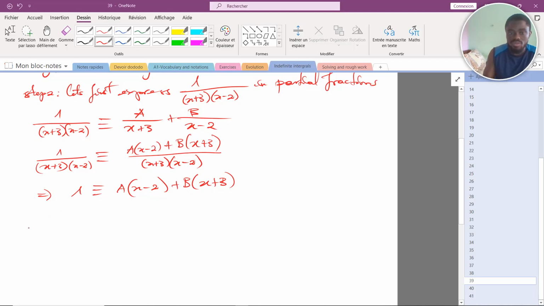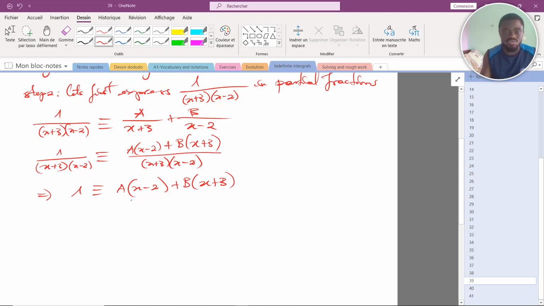I will substitute the 2 here and I will deduce the answer for B. The next other one is I will make B to become 0. So when x will be equals to minus 3, this will become 0 and I will be capable of deducing what? A. This is a very simple thing to resolve.